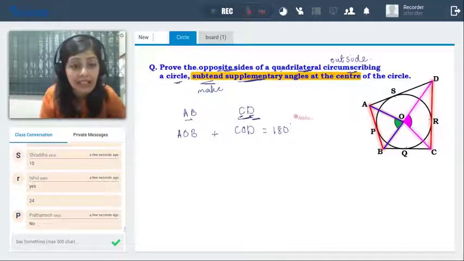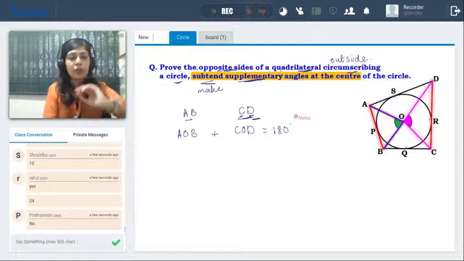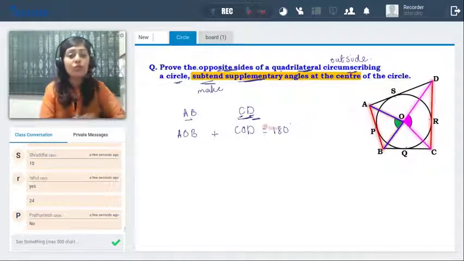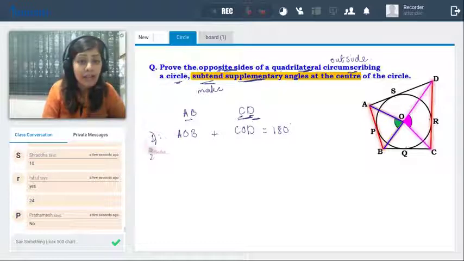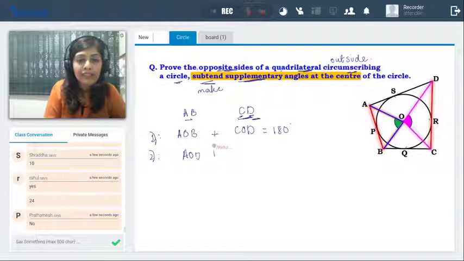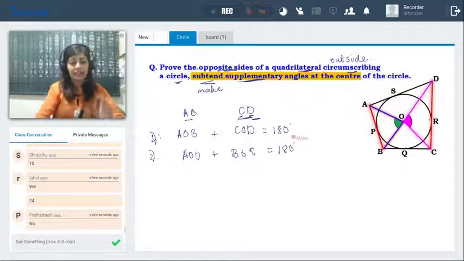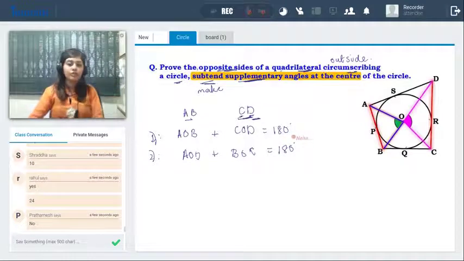Students, pay attention. In such sums, you have to write what is given and what is to prove. This is just one pair of angles. I have another pair of opposite angles, right? That is AOD plus BOC is also equal to 180 degrees. So students, we have to also prove this.